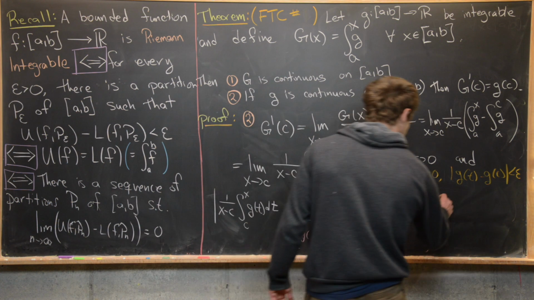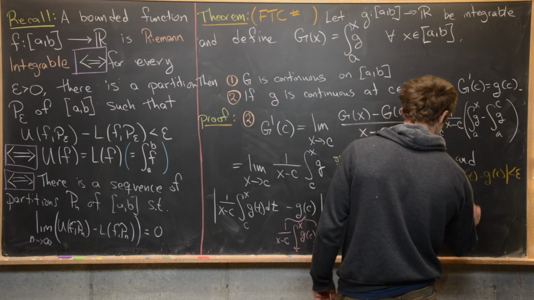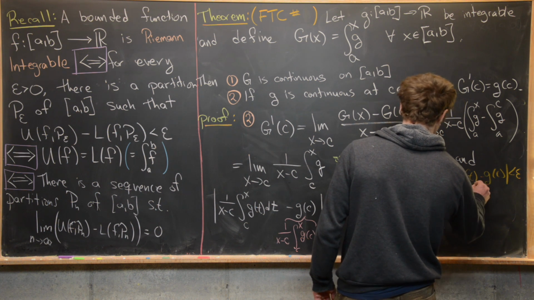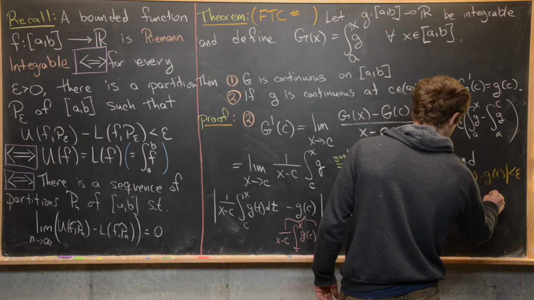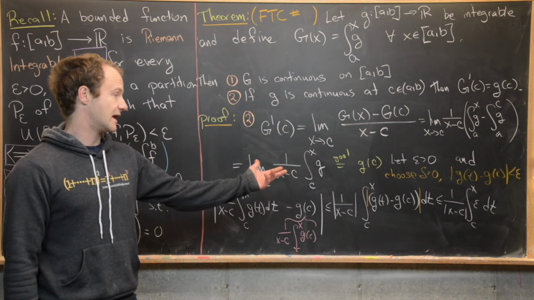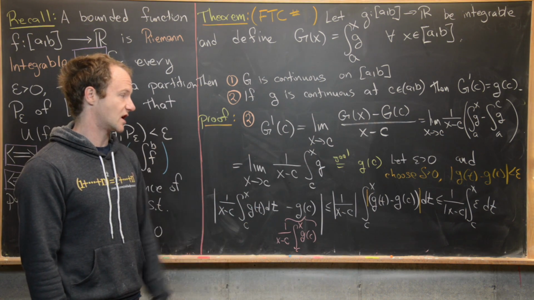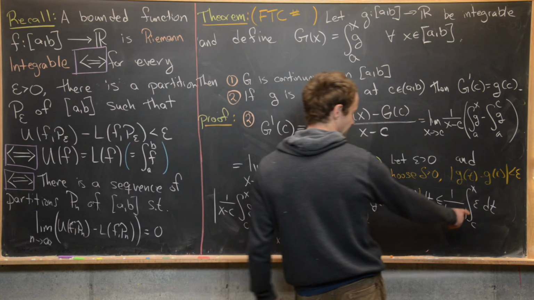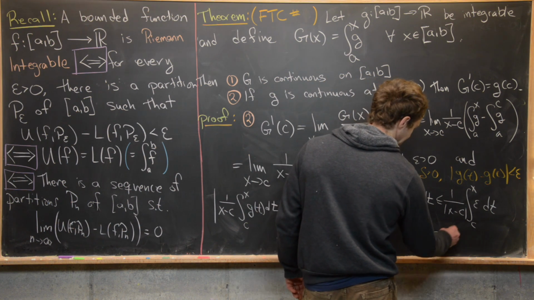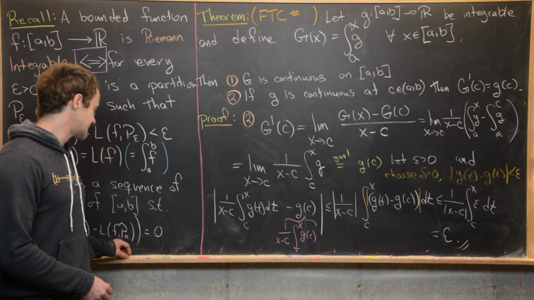So this is less than or equal to 1 over the absolute value of x minus c times the integral from c to x of epsilon dt. We know the integral of a constant function, so that's epsilon times x minus c, which cancels the x minus c, giving us epsilon.